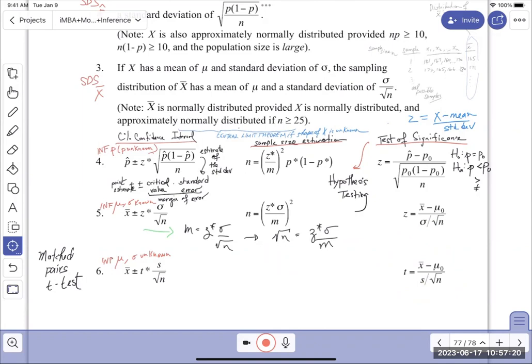All right, so let's talk about the t distribution.